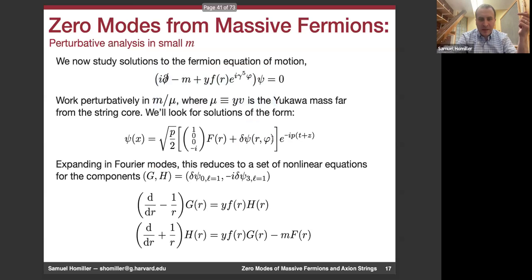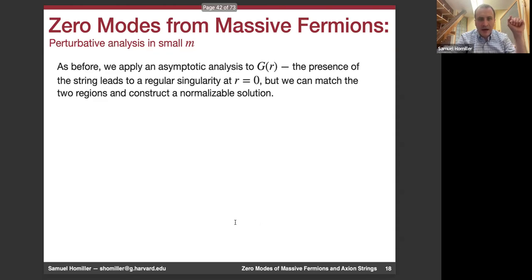I can expand this equation in Fourier modes, and there are all the different components of the fermion, but essentially all of these equations of motion reduce to a set of two nonlinear equations for two extra string profiles, G and H, that are just the variation of the L equals 1 piece in the Fourier expansion for psi 0 and psi 3. So it still has the same definite helicity structure, and I can write down these coupled equations for them.